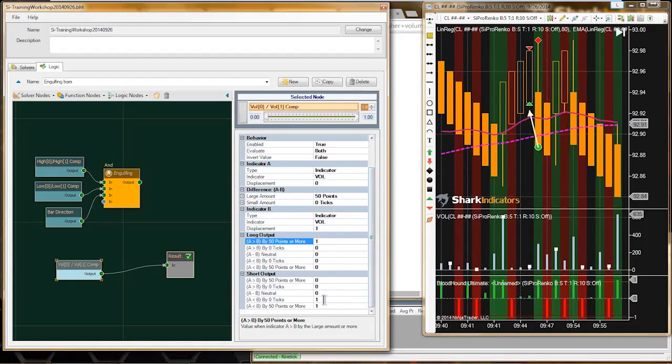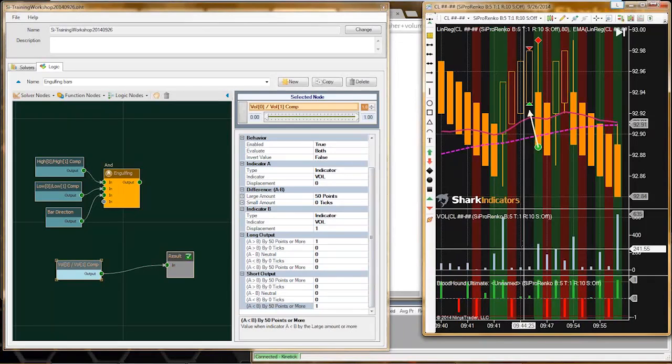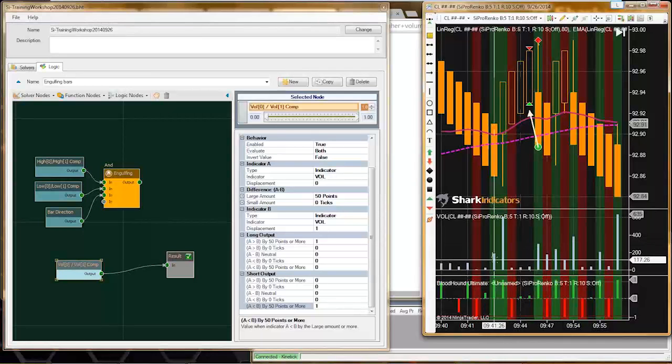And so let's do the same with the shorts. Turn that off. And let's look at our output from this solver. We can see whenever we're getting a long output, that's when the volume is rising, getting greater and greater. And whenever the volume is stepping down, like right here, the volume got less and we're getting a short output.